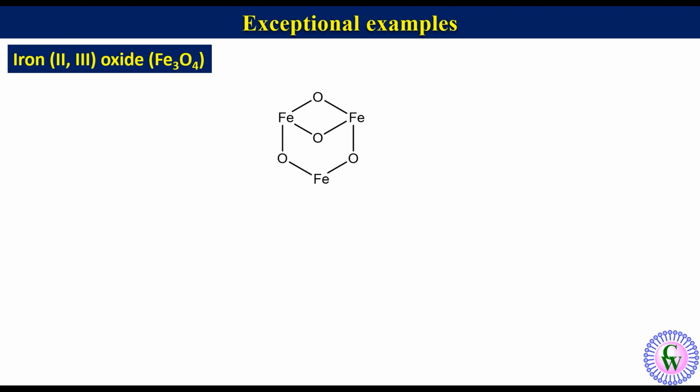This iron atom attached to the oxygen with two covalent bonds has +2 oxidation number, while the remaining two, which are attached to oxygen with three covalent bonds, have +3 oxidation state. Thus, in Fe3O4, there is one iron atom with +2 oxidation state and two iron atoms with +3 oxidation state.